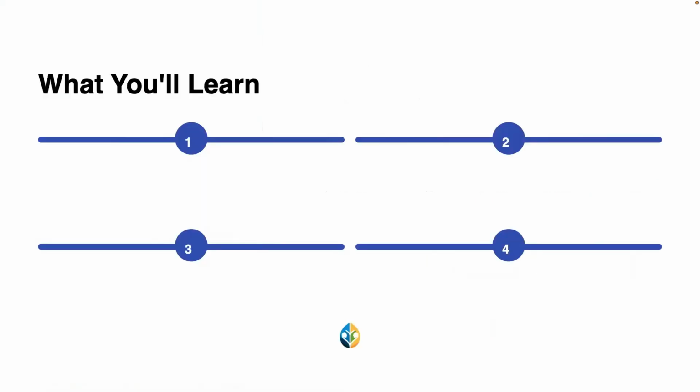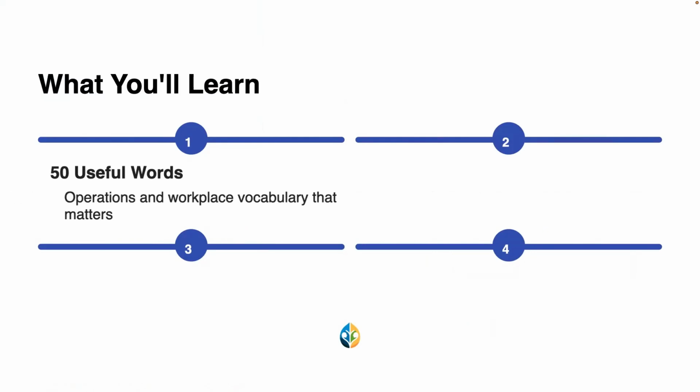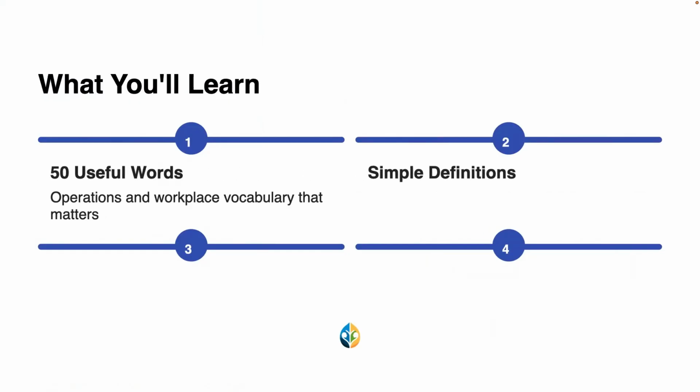So here's what you're going to learn. This is what the lesson contains for you. The 50 useful words that you can use, and these words have simple meanings and practical example sentences. Operations and workplace vocabulary that matters.